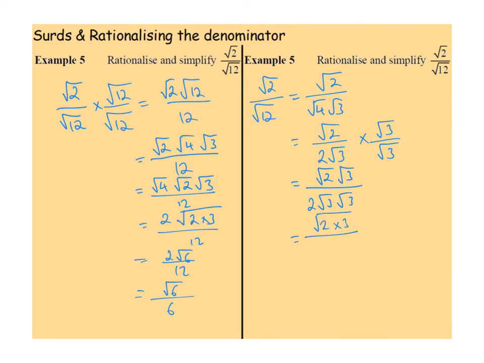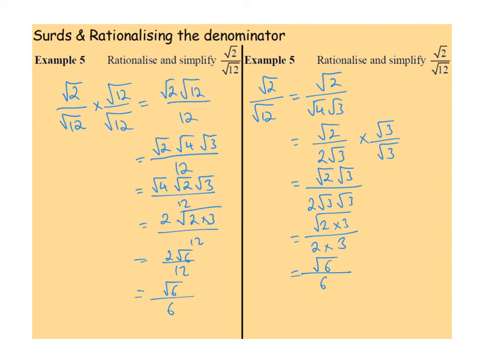For my denominator, I've got 2 multiplied by root 3 times root 3. So root 3 is being squared, inverse operations, that's just 3. Okay, and the numerator is the square root of 2 multiplied by 3. 2 multiplied by 3 is 6. Can't simplify that, so that's just square root of 6. And the denominator, 2 multiplied by 3, that is 6 as well. So I get the same answer as before.